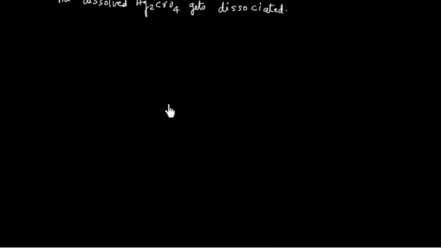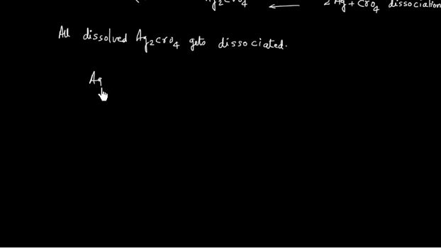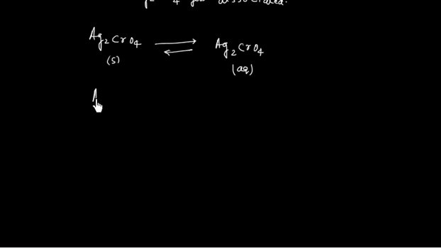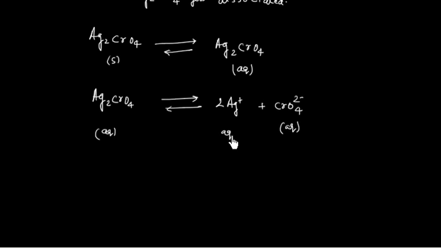If this is the case, then we can add two equilibria. So the first equilibrium we have is Ag2CrO4 solid, and this dissolves in water to give Ag2CrO4 aqueous, and this gets dissociated. This is aqueous, this is also aqueous.